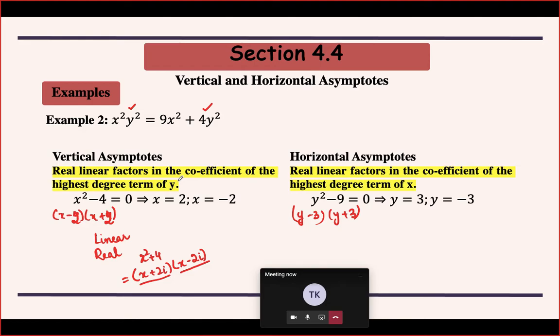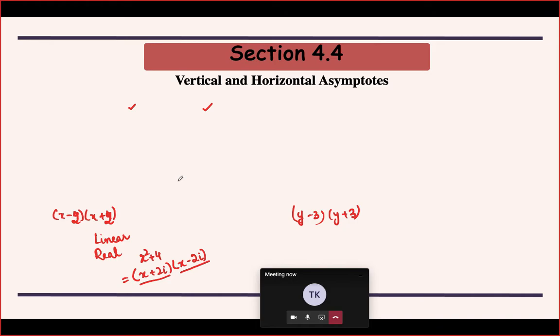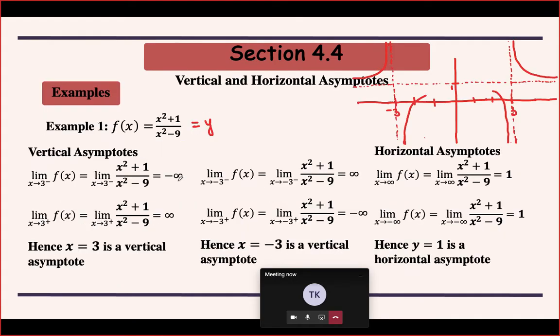Yes. So we can try using the same method for the previous question here. If you look at this part, which is the highest degree term in y, it is y only, y raised to the power 1. What is the coefficient of y? It is x square minus 9. So if you shift this on this side, you get the coefficient of y as x square minus 9.